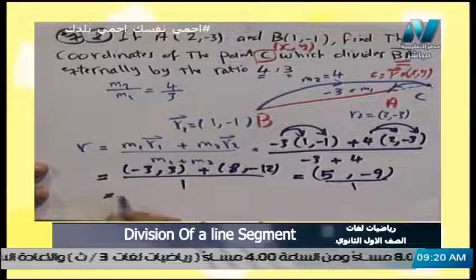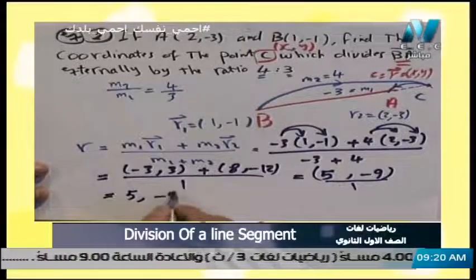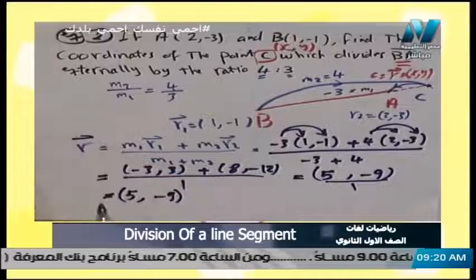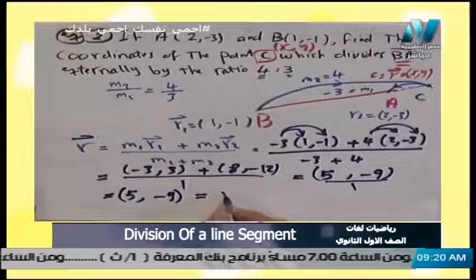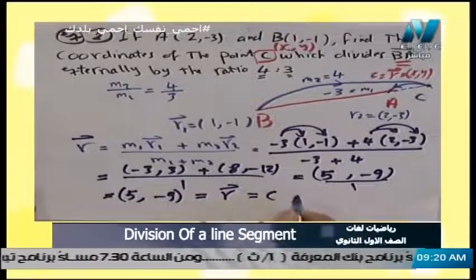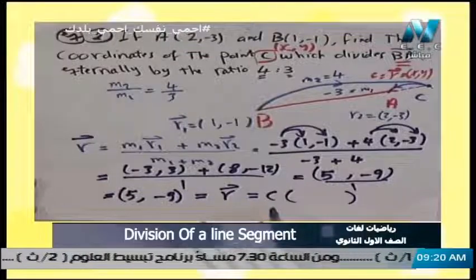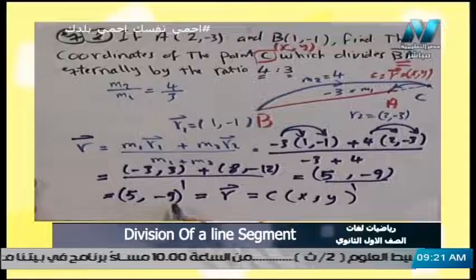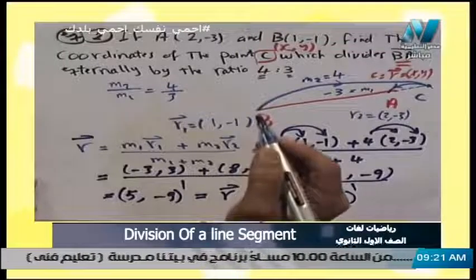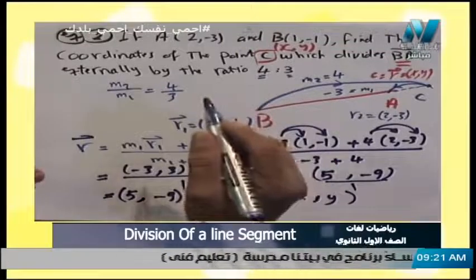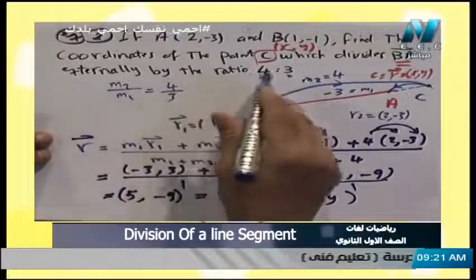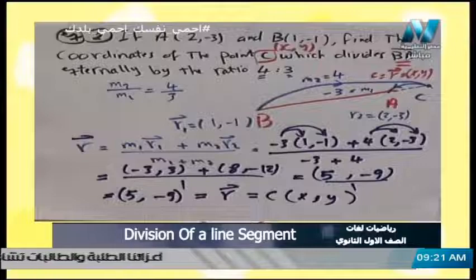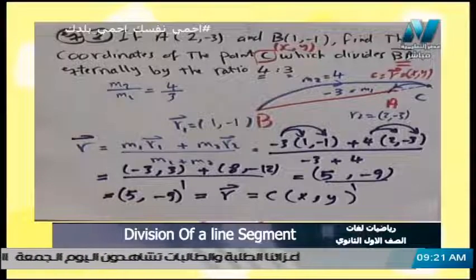So the final answer will be (5, -9). So R here, which is C, the division point, which is (x, y), equals (5, -9), as he asked me to find the coordinates of the point C which divides externally. So we have succeeded in finding the answer.